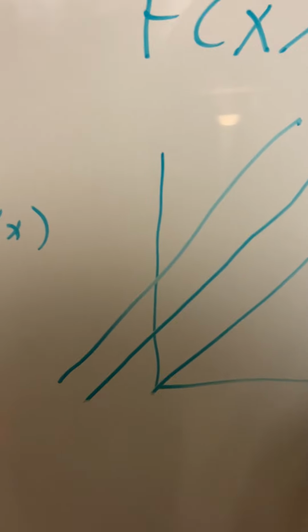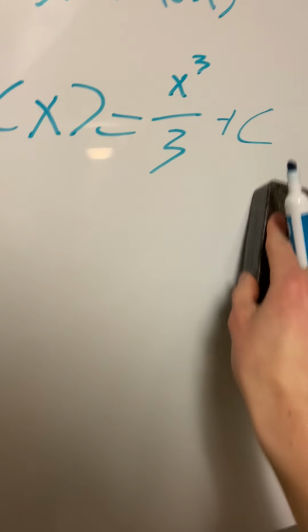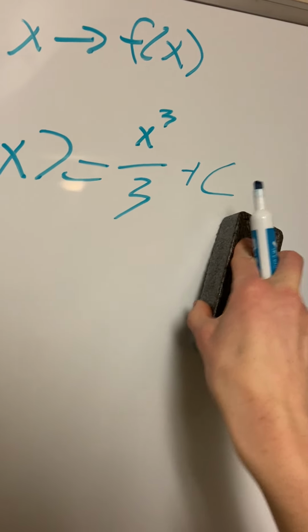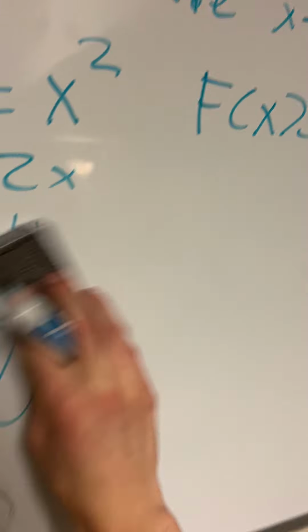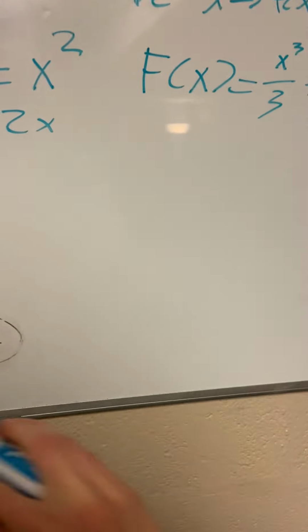It's the slope of these tangent lines. And it doesn't matter if we shift the entire function up or down. The way we shift a function up or down is by adding a constant. And we just say adding because if we want to shift down, we would just use a negative. Adding a negative number subtracts.